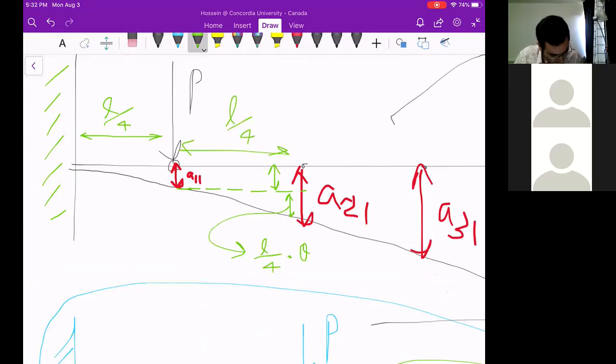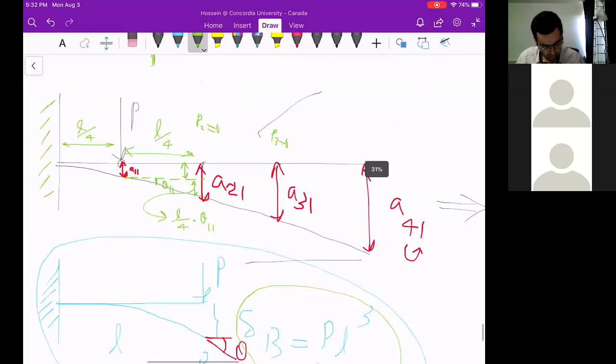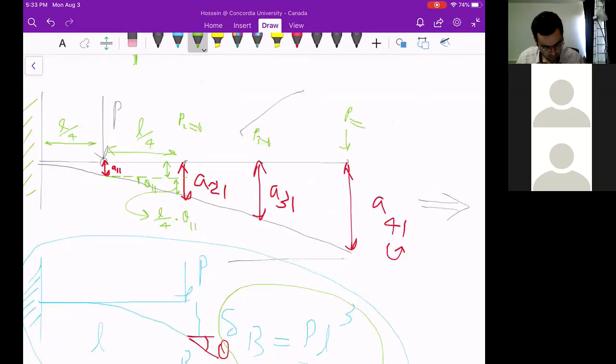Multiply by theta, this angle, theta 1. So this theta is the same for the first column because there is no external force at the other masses. No external force here, and no external force here. That's why the theta is the same for all of them.